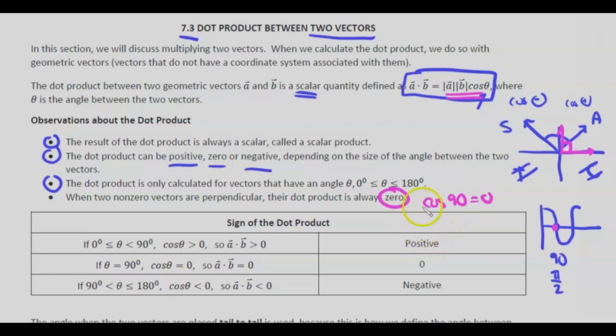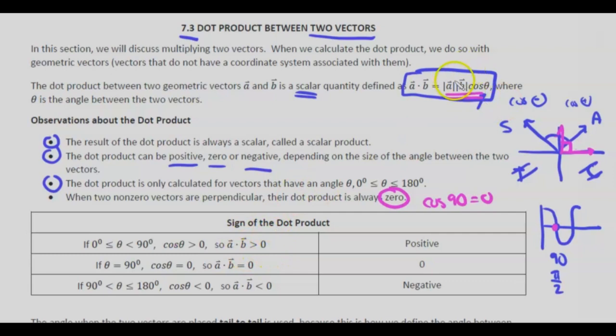So let's talk about the sign of the dot product. If our angle is between 0 and 90, including 0, cos of theta is going to be greater than 0. Obviously, we're in the A quadrant. So vector A dot vector B is also going to be positive.